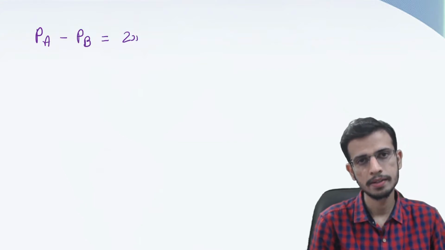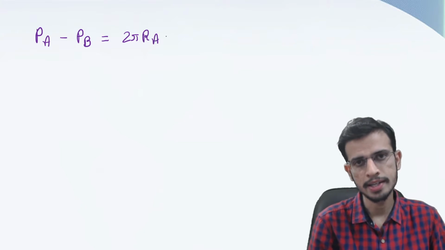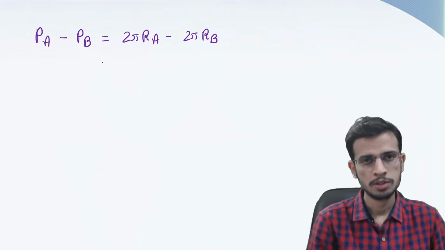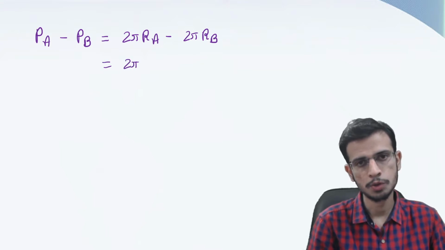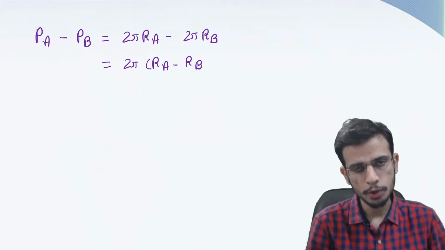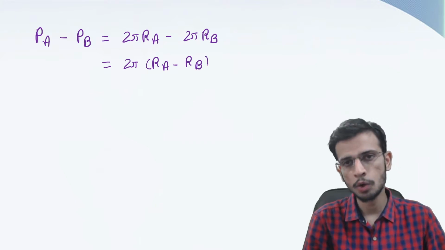So PA minus PB is 2 pi times RA minus 2 pi times RB. Let's take 2 pi as common, so 2 pi times (RA minus RB). We don't know the exact values of RA and RB, but we know the difference.